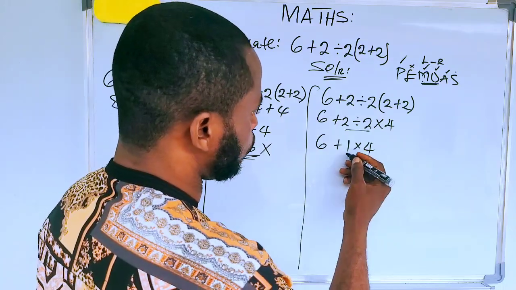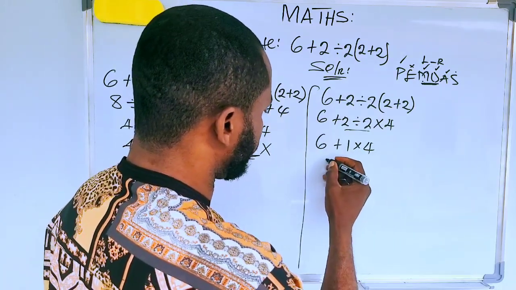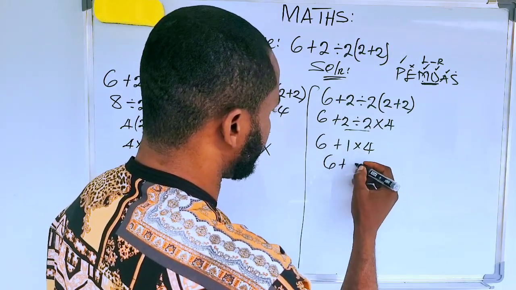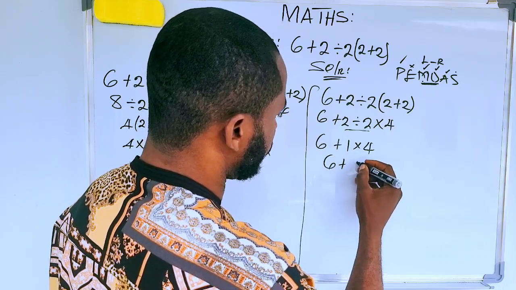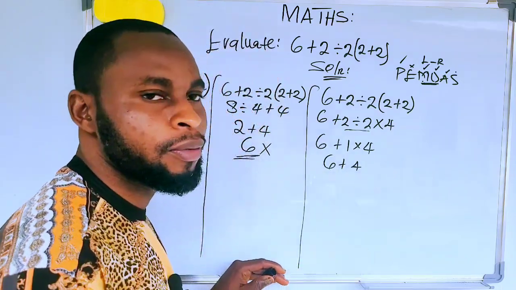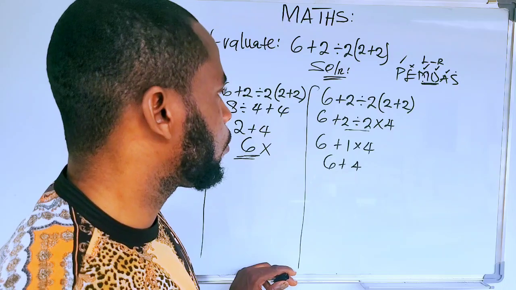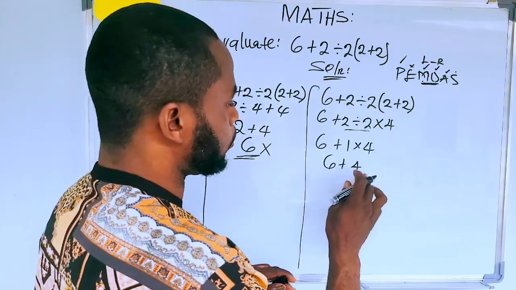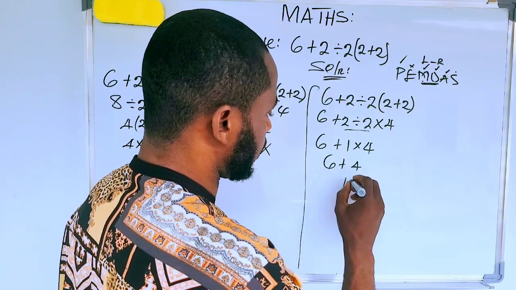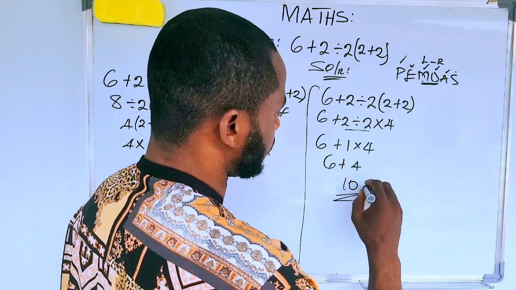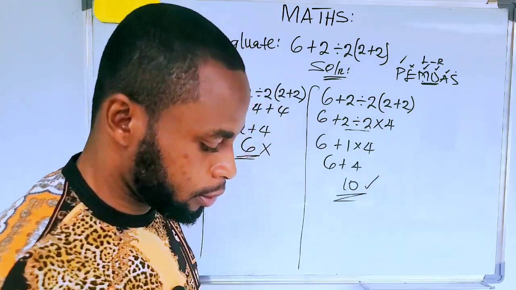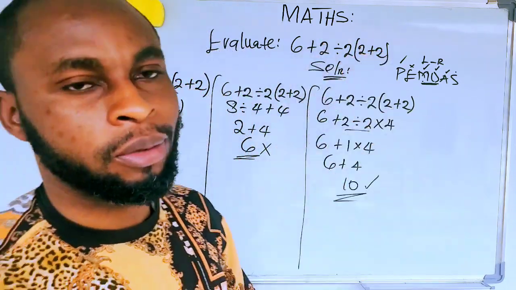And we are going to have 1 times 4. That will give us 4. And we have here 6 plus 1 times 4, that is 4. Then lastly, we add. We have 6 plus 4. That will give us 10. And this is the right answer to this expression right here on the board.